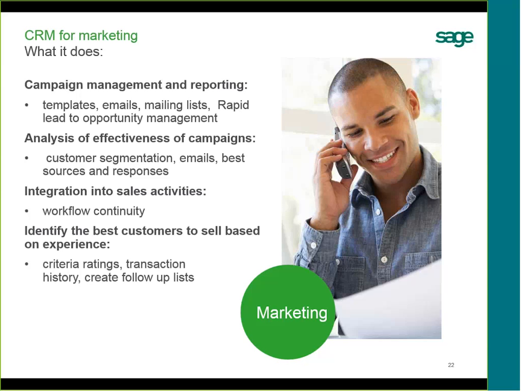So being able to keep all these marketing campaigns in a centralized location, looking at the history, creating follow-up lists, because we do know with these marketing campaigns not everybody's going to turn into a lead, but let's keep them in our database. Let's ping them maybe once a month and see what they're doing. We can create those follow-up lists and very easily send out those different mail campaigns.